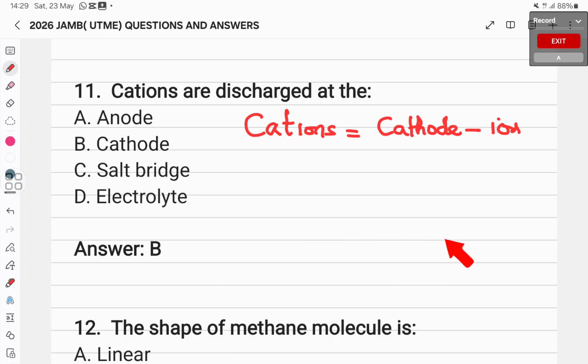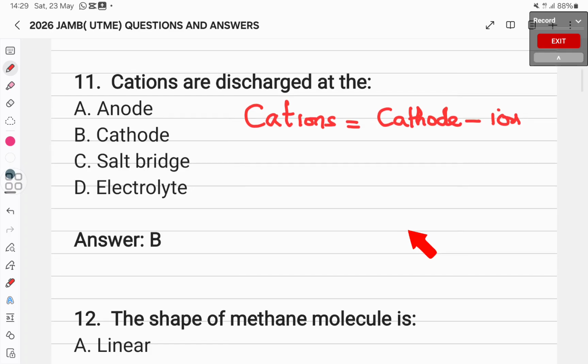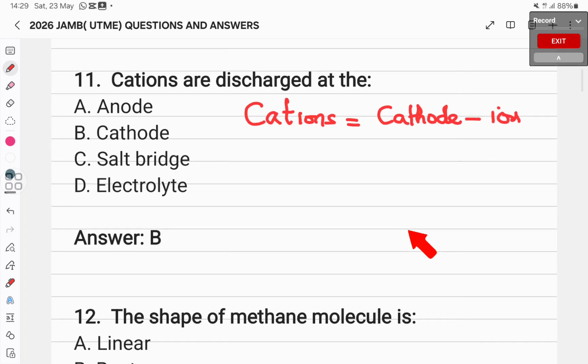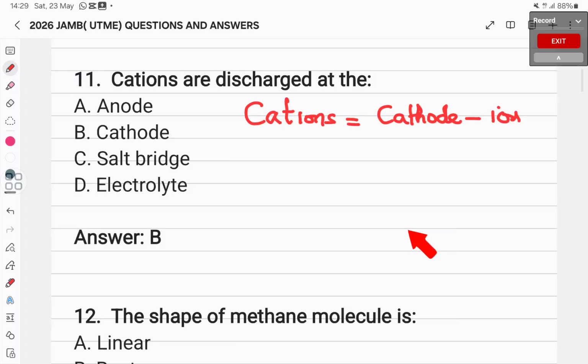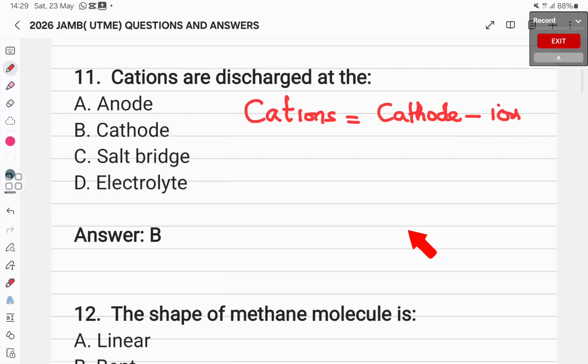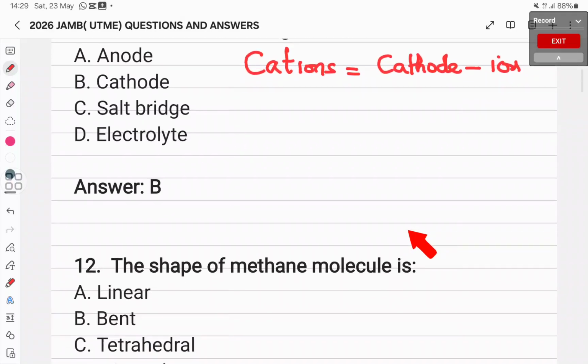And if it is a salt, the salt will either be in aqueous solution or in molten form before you can conduct electricity and become decomposed in the process. Now back to this question, the correct option is B. That is the negative electrode to which the cations in the electrolytes migrate to during electrolysis.